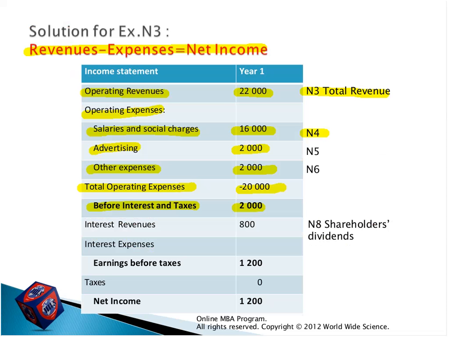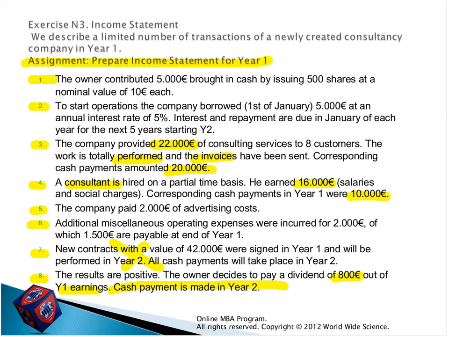Here we have a positive amount, which is the profit we recognize, 2,000, right? And here we say that the owner decided to pay the dividends from the first year of income, from the first year of revenue, right? But the cash payment itself to the shareholders will be done next year.